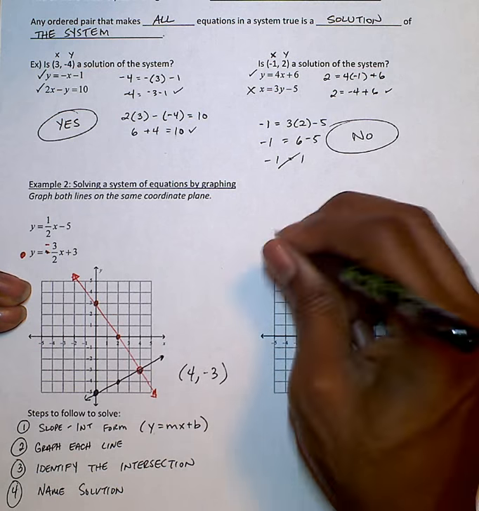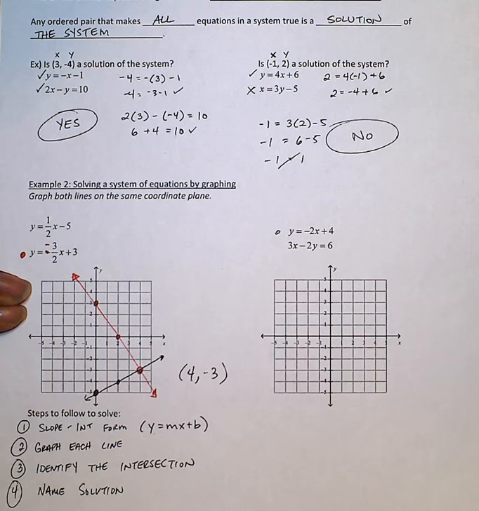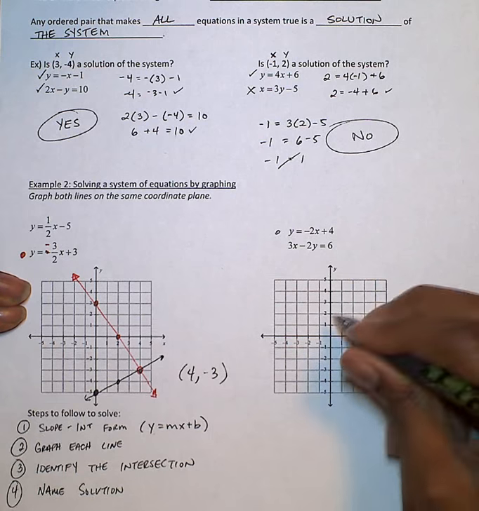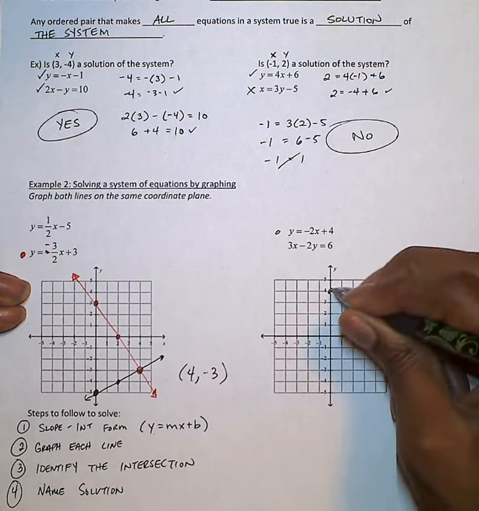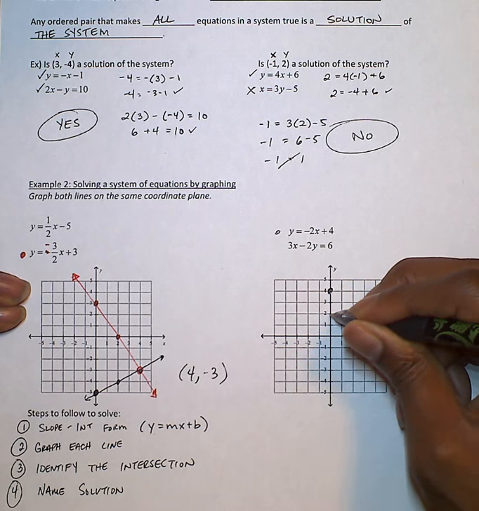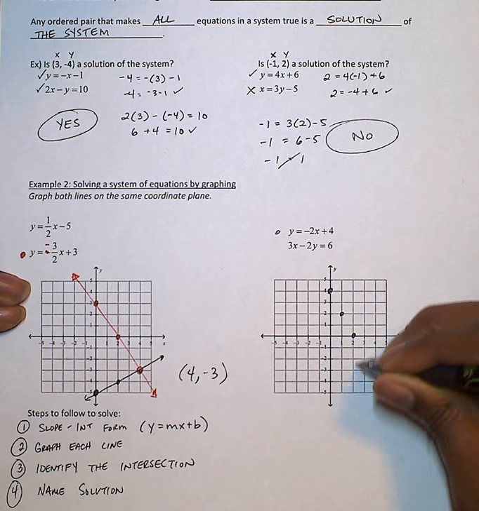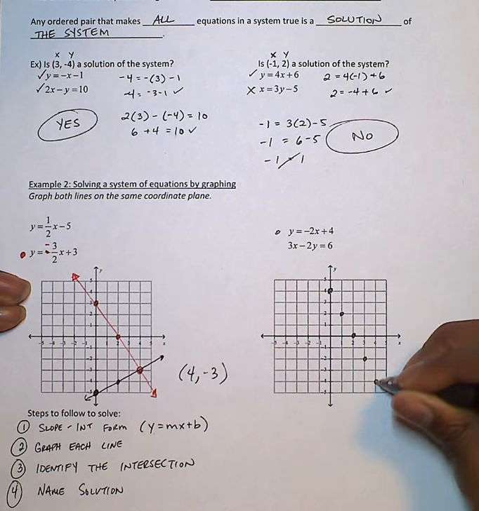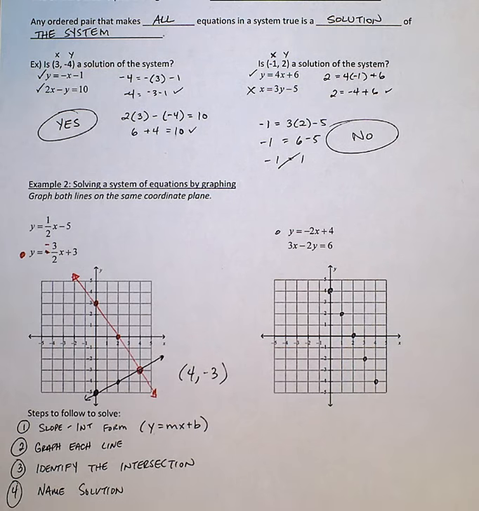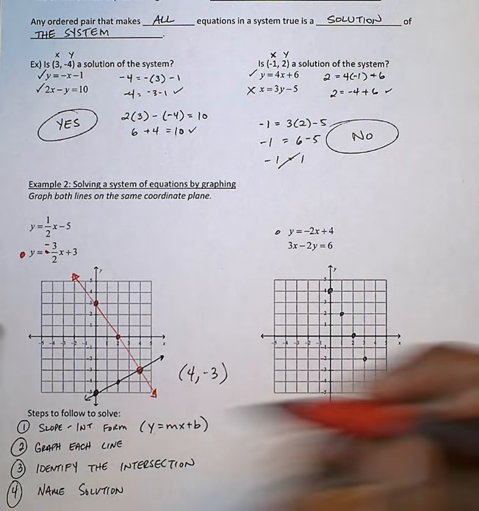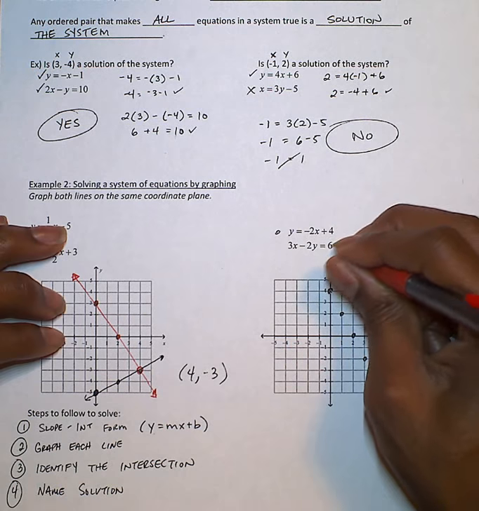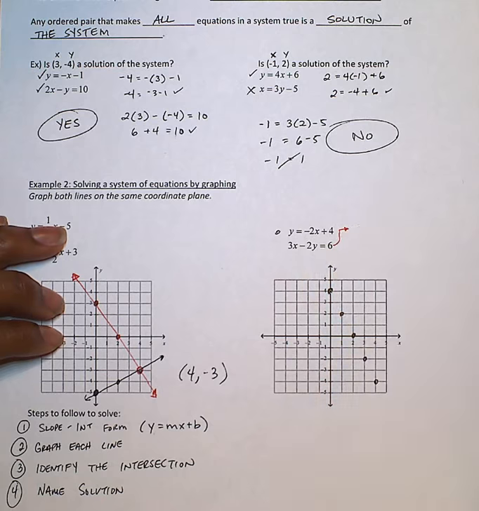We already have it. y equals negative 2x plus 4. So we'll start at 4, go down 2 over 1, down 2 over 1, and so on till I run out of space, which I just did. My second line, I'm going to make sure I put it in slope-intercept form, so I'm going to solve for y.